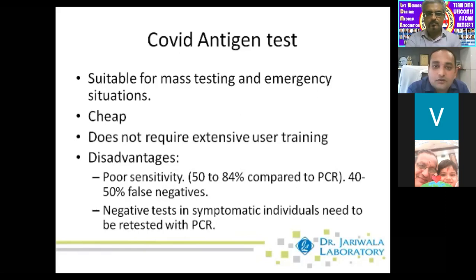So even if the result is positive, a lab will not be able to convey the positive result to the patient. If it is negative, the lab will release the report. But if it is positive, we have to wait till the next day morning for the report to be released.